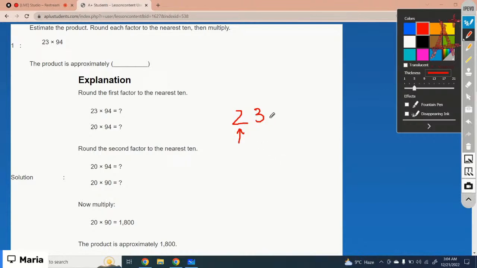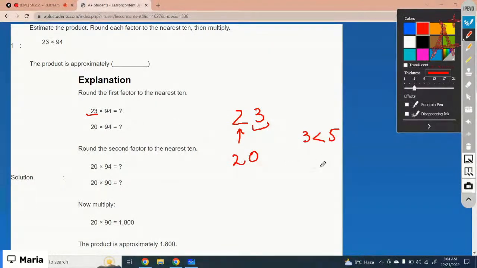The number right next to the tens position is 3. You have to compare this number to 5. Got it? 3 is greater than 5 or less than 5? 3 is less than 5. Got it? When the number is less than 5, you have to round on the same 10. Same 10 means write 2 as it is and replace the digit with 0. So 23 is rounded off to 20.